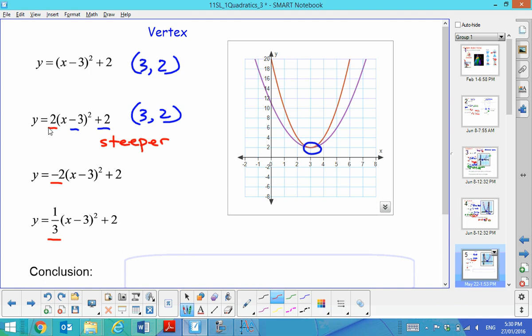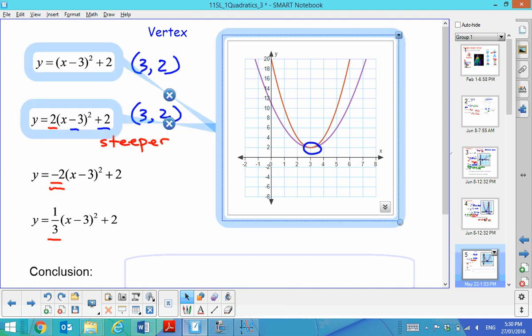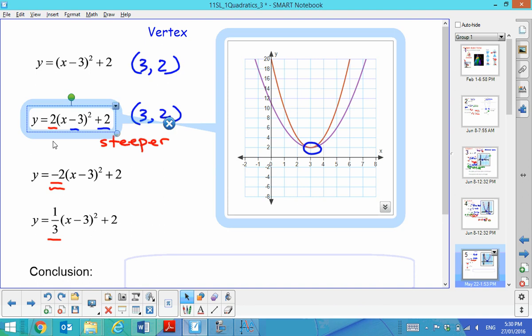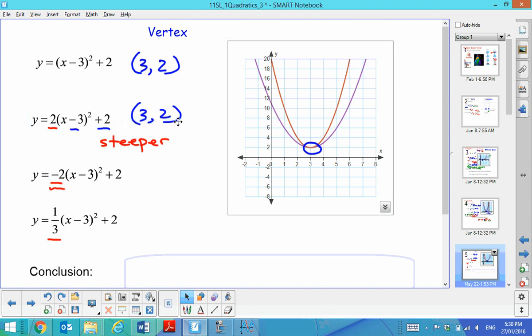Next thing is, what about our minus 2? What effect does that have? So take that one away. Not going away.